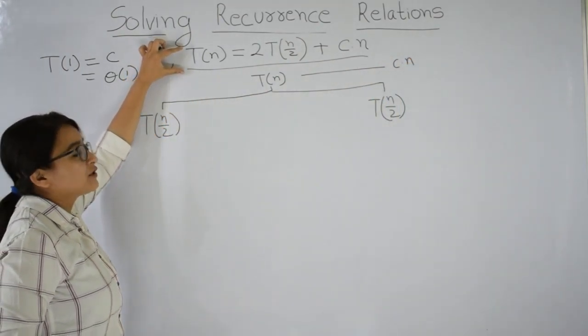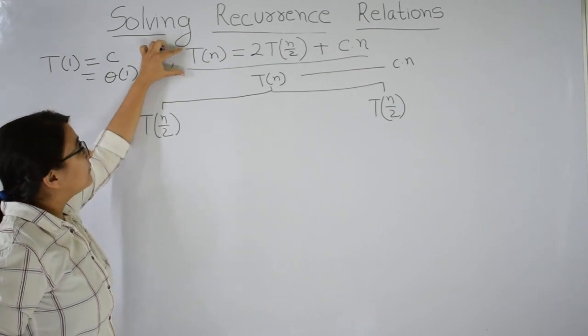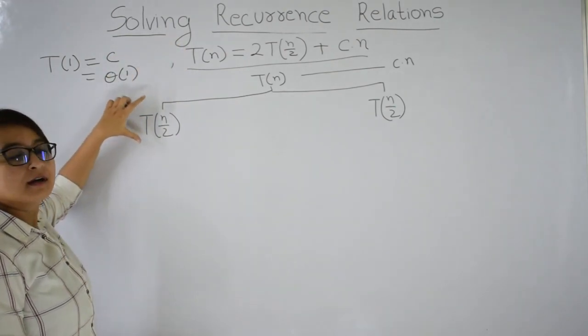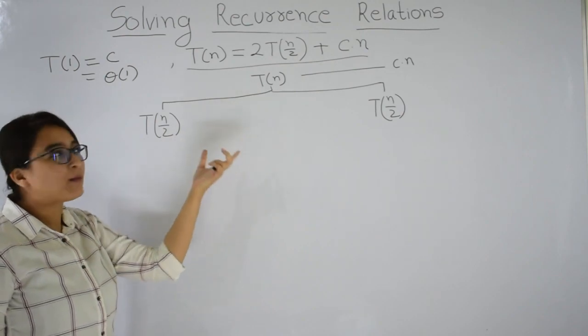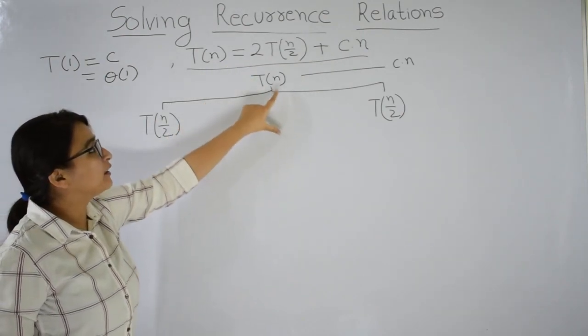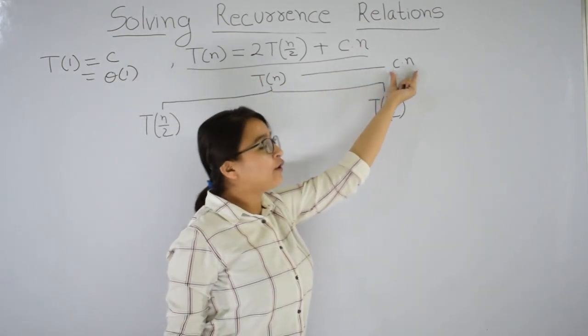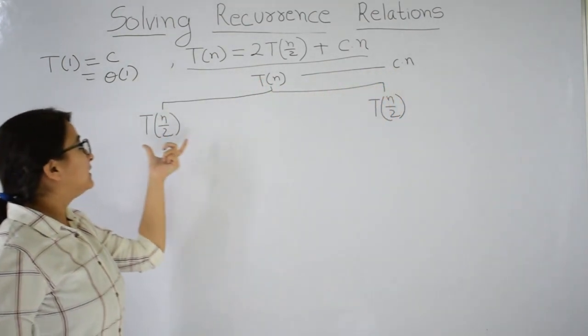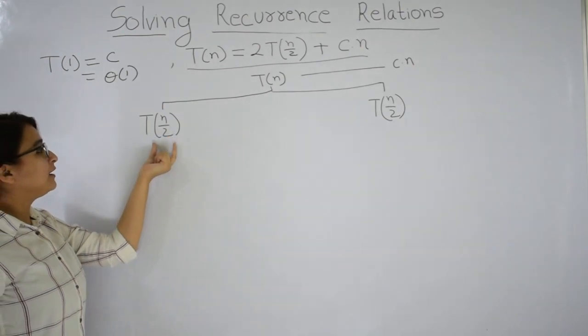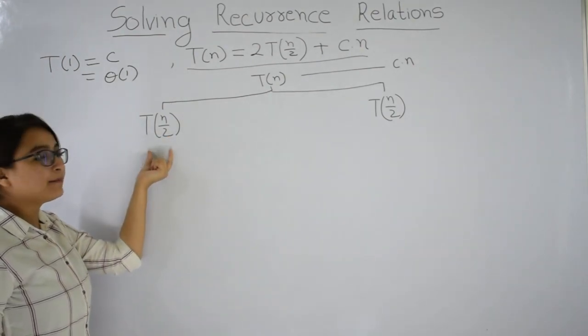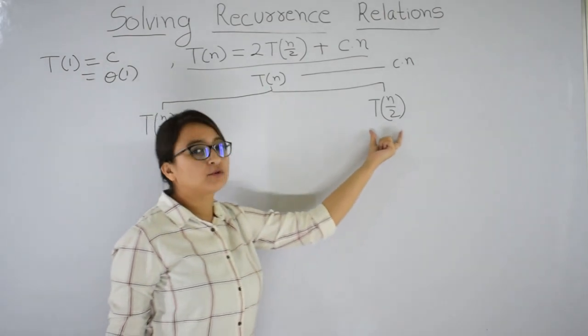This recurrence relation I have written over here, I have written the same thing as a tree. So the time taken by the algorithm on an input of size n is c into n plus the time taken by the algorithm on input of size n by 2 and input of size n by 2.